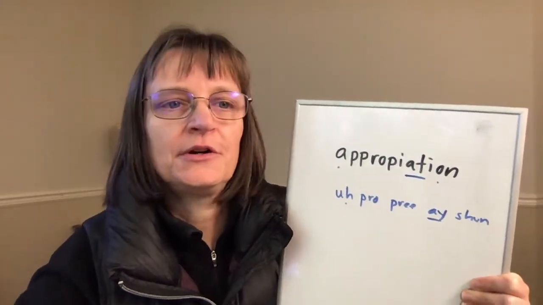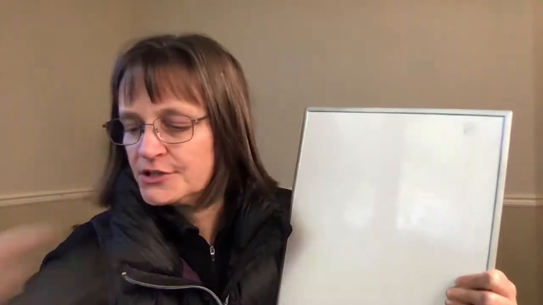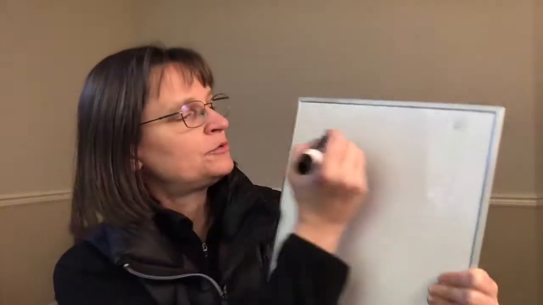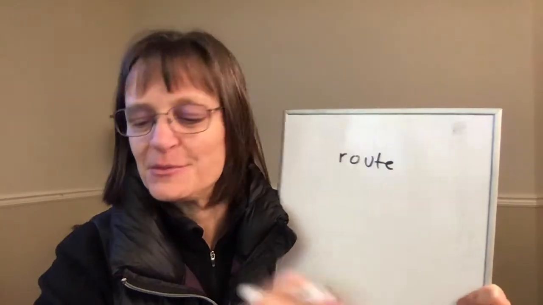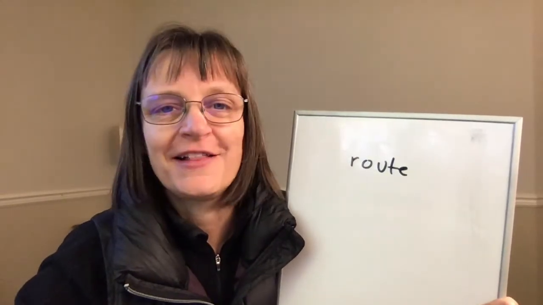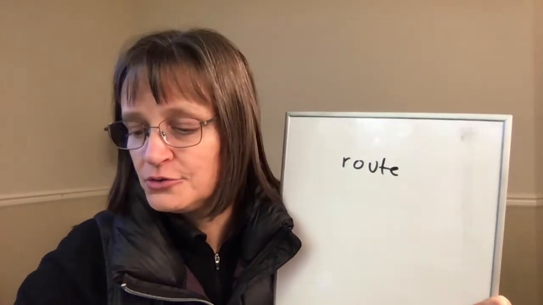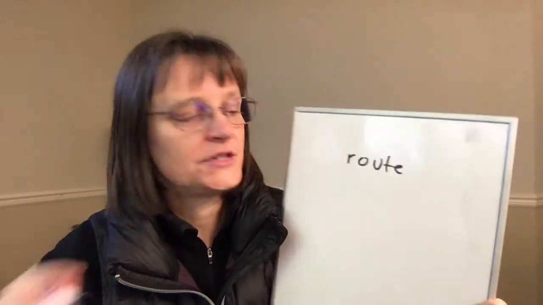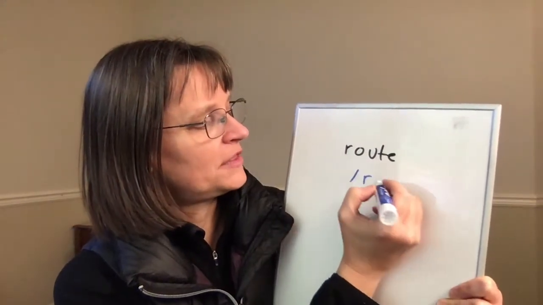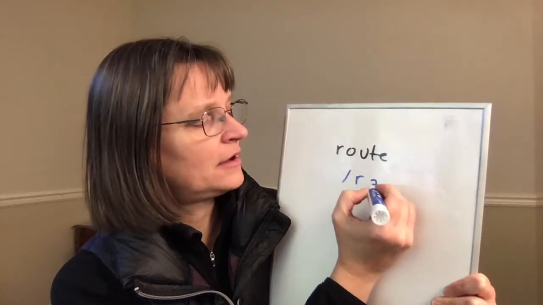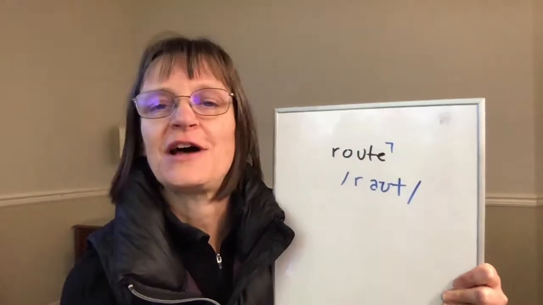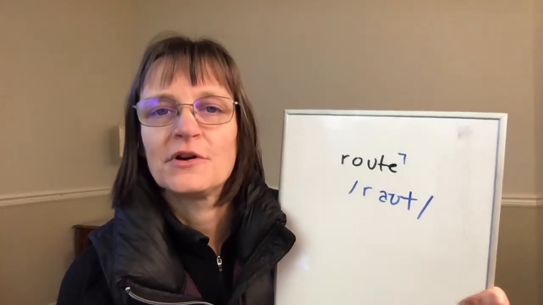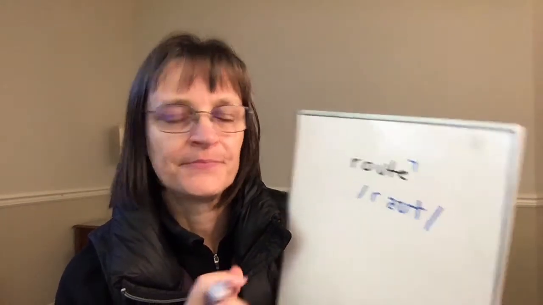Okay, next word, we're going to look at the word route or route. So I think this has been asked of me in some of our Friday classes, and there are two different pronunciations for route. I tend to say route with an ow diphthong. Both times we would use a stopped T, route, or a slight aspirated T, route.